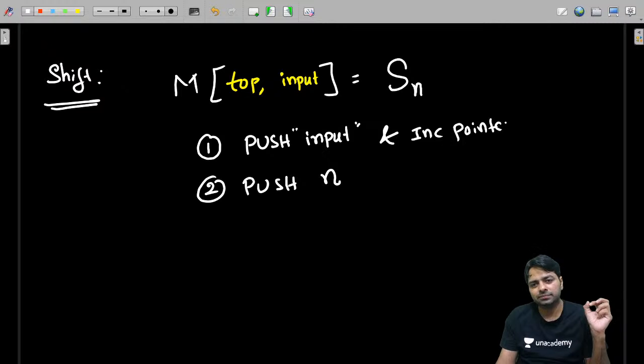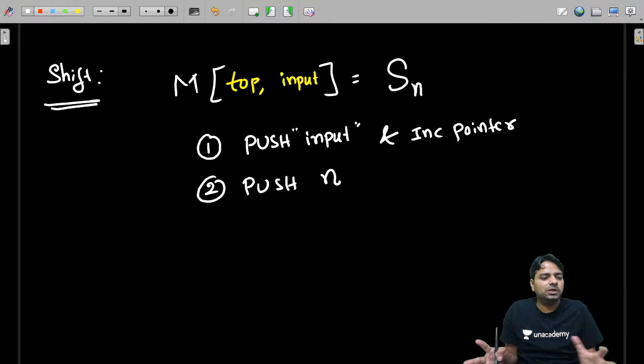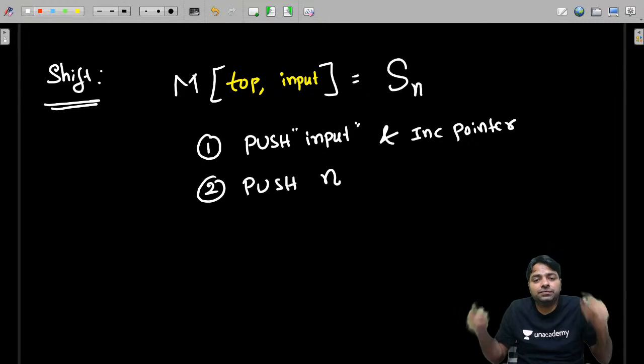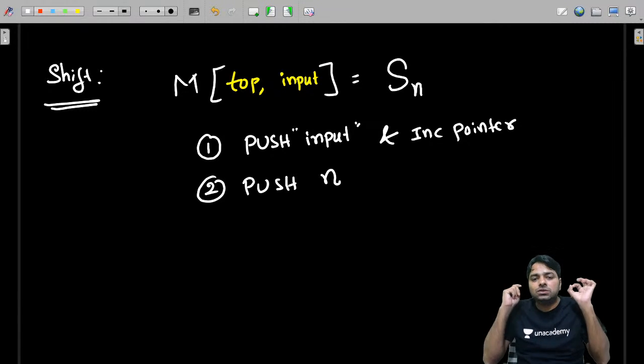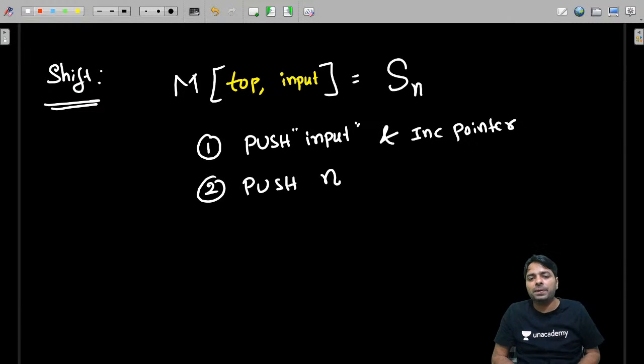Okay, this is going to be your shift algorithm, guys. Whenever I want to do the shift, this is going to be done. Every time we do push operations, along with your symbol there is always a next state number.